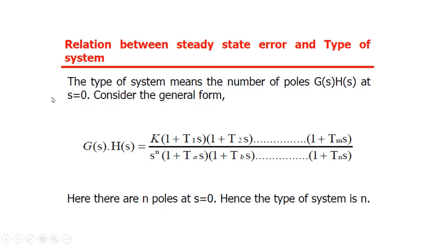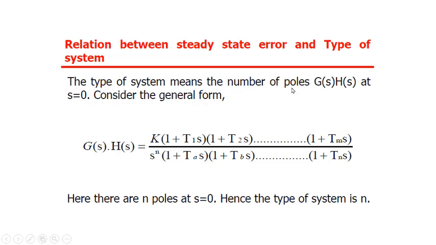Let's go through the relationship between steady state error and the type of system. This will help to solve the numericals and to understand what type of system the given open loop or closed loop system is. The type of a system means the number of poles of G(s) H(s) at s equal to 0.